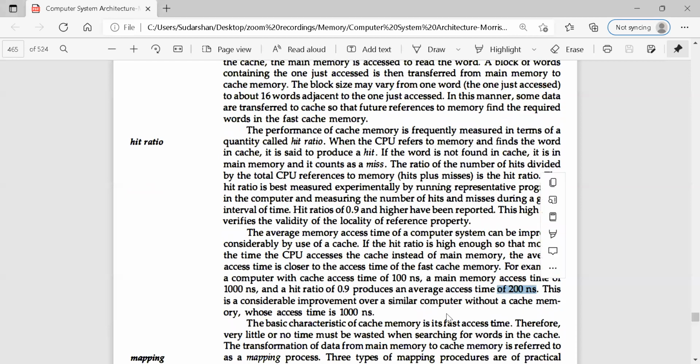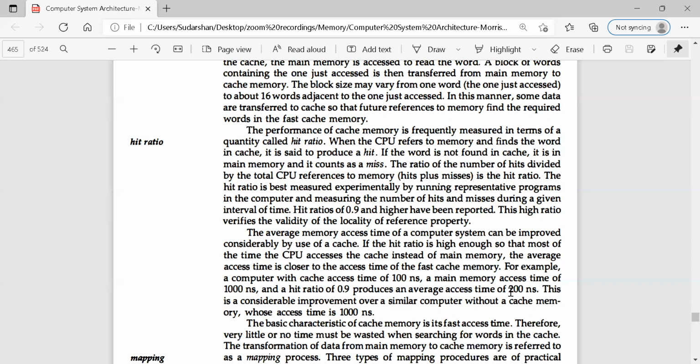So that's the basic idea behind the hit ratio, which is better. If cache is absent, the average time spent by the CPU is 1000 nanoseconds for every word or every data item. If cache is present and you are able to maintain a hit ratio of 90%, then the average access time is brought down from 1000 nanoseconds to 200 nanoseconds.